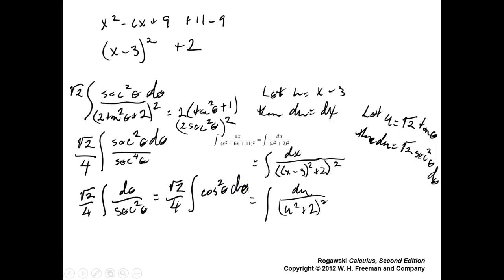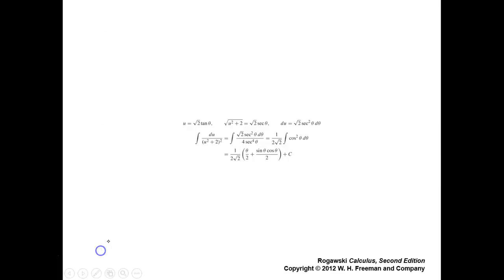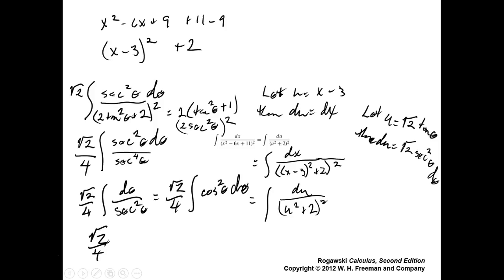Now, I don't know if you remember how we did that before, but if you don't remember, go back to your tables at the back of the book, okay? Now we're going to stay with the integration tables, and we want the trigonometric forms. And there is, number 35 is the integral of cosine squared u du, right? So this is going to be simply the square root of 2 over 4, okay?